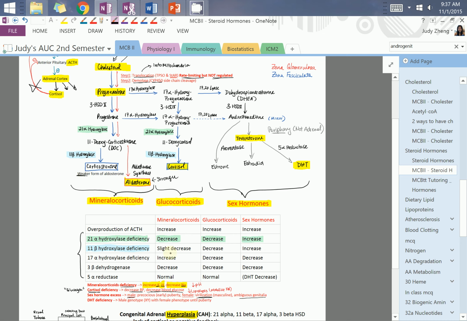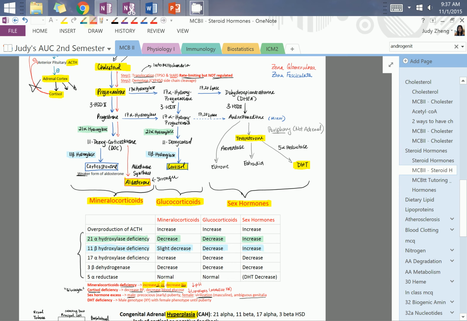So you might have slight decrease of the mineralocorticoids, but it's not going to be as pronounced as the 21 alpha hydroxylase. But for glucocorticoids, you're still going to see a decrease. So still a decrease in glucocorticoids. And because less of the substrates are being used for mineralocorticoids and glucocorticoids, you're still going to see an excess in sex hormones.